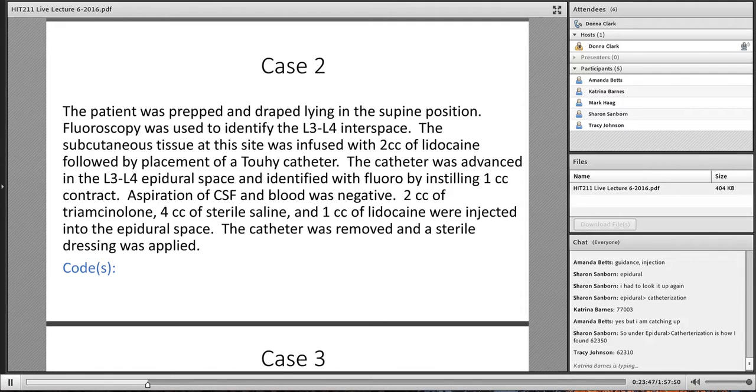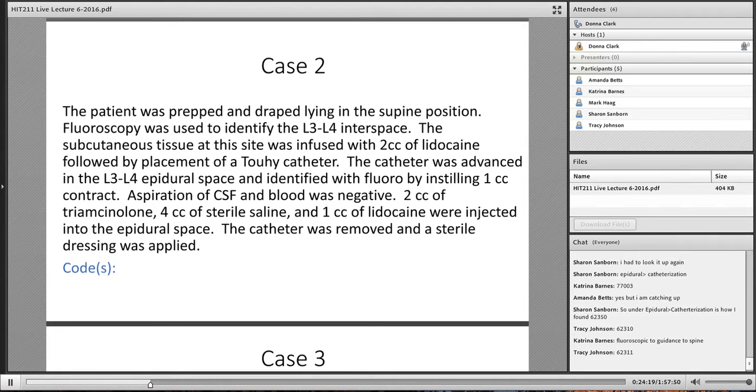Okay, and then somebody gave us 623. Tracy, you are extremely close. 62310 is extremely close. Let's see, let me see what that says. 62311 is actually the correct code. Right, because 62310 is the parent code, right?